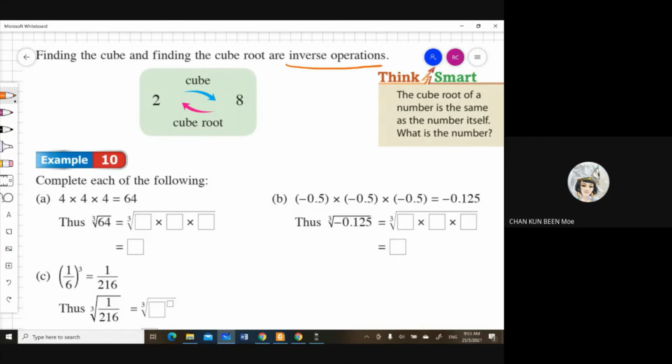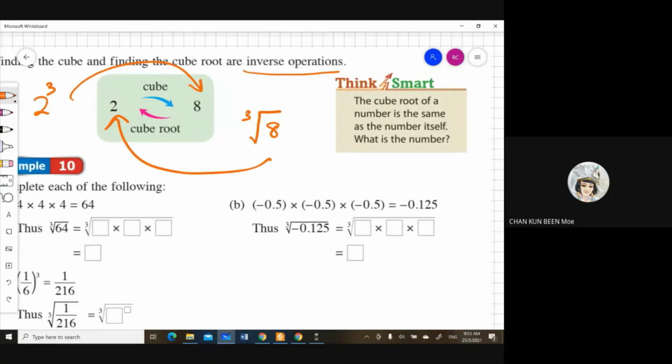For example, 2 cube, we know that the answer is equal to 8. So if I want to find out what is the cube root of 8, the answer is equal to 2. Now I'm going to give you an example before we continue with the example given down here.